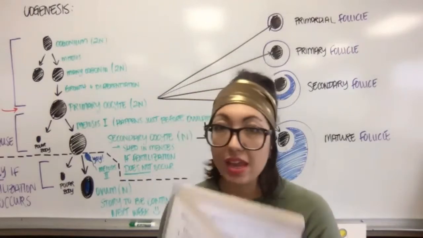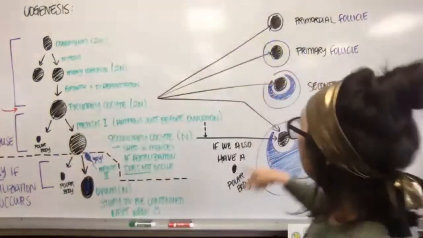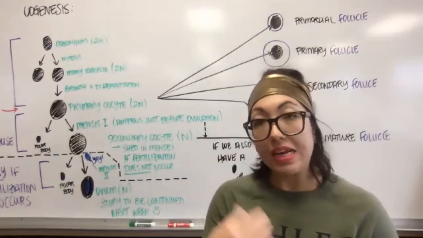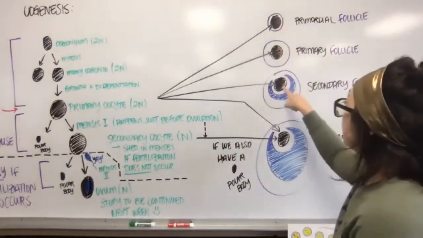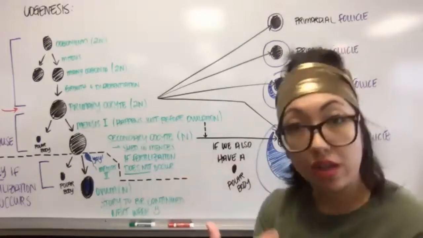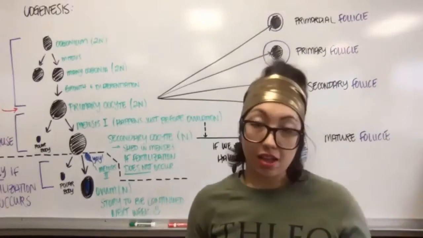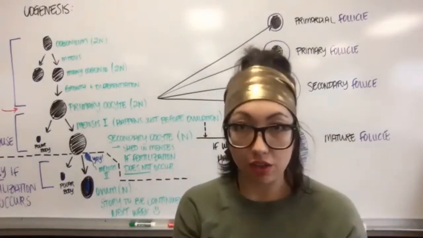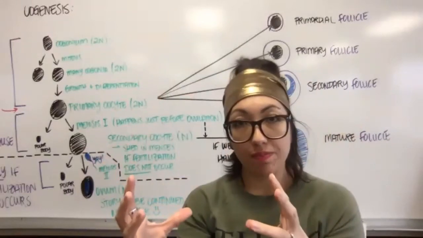So in this ovarian cycle, not only do we need to be aware of how the oocyte itself matures and develops, but there are specialized cells, actually called follicular cells, that surround that oocyte.